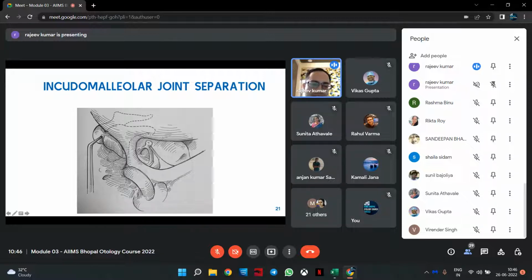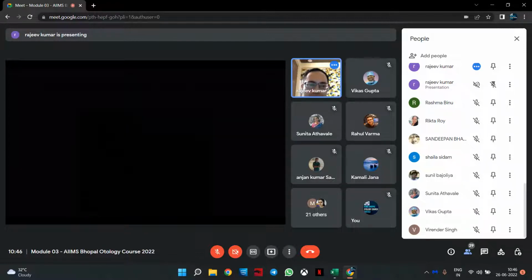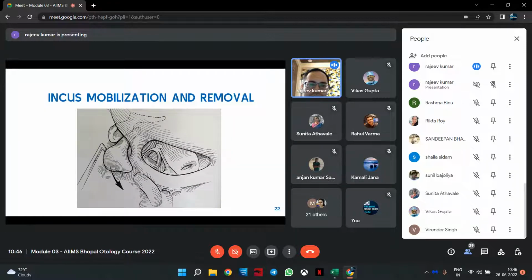Just take a right angle pick, insinuate between the joint and separate it. Separation of the joint makes the incus mobile, and you can simply take a right angle pick and mobilize this incus into the mastoid antrum and remove it. So this will remove part of the tympanic diaphragm. As ma'am told, the body of incus and head of the malleus along with the mucosal folds form the tympanic diaphragm, which separates the middle ear from the epitympanum.